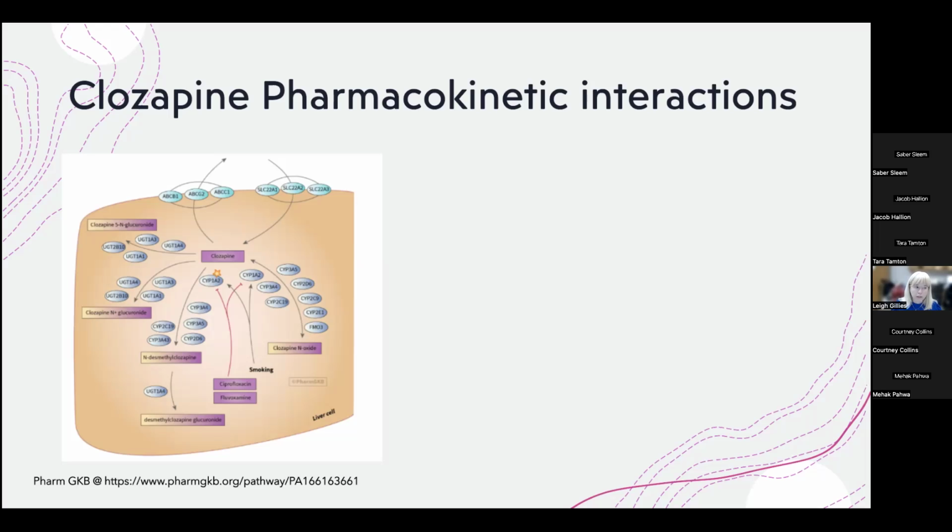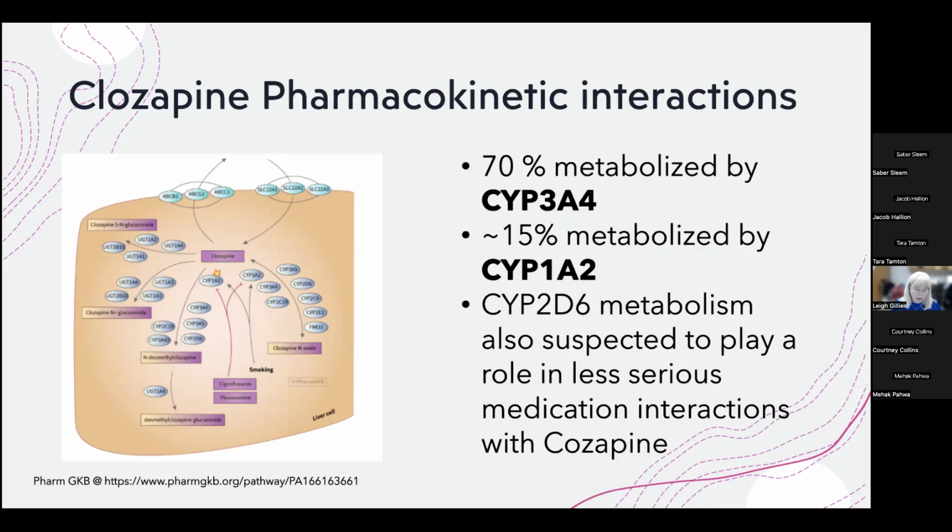Clozapine has several active metabolites. 3A4 metabolism is the primary route of metabolism for clozapine.